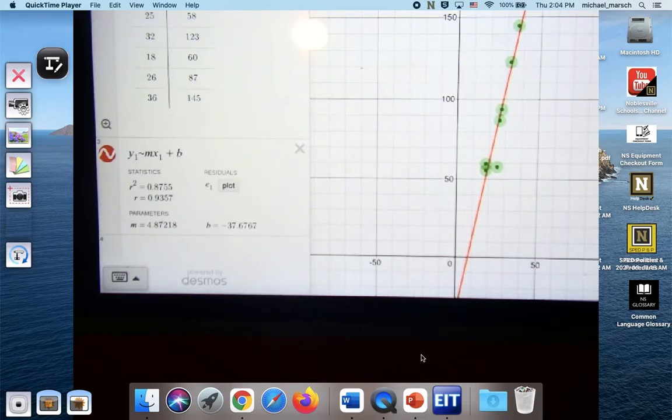So if you look here, here's my slope, 4.8. And then my y-intercept is negative 37.7. Where do we write it down? I'm writing it on the paper like this.